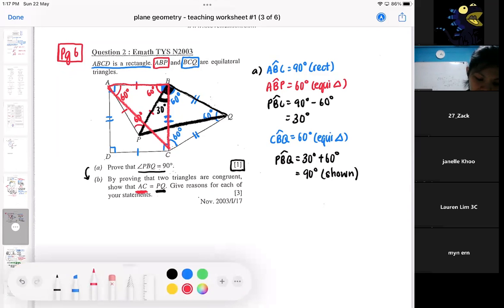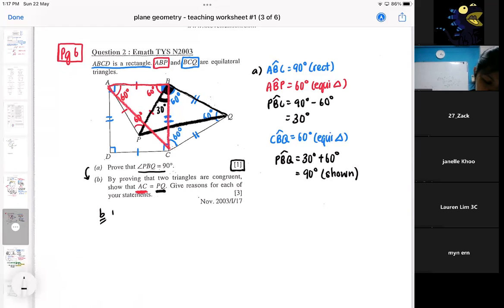So right now, my aim is to prove triangle ABC congruent to triangle PBQ.